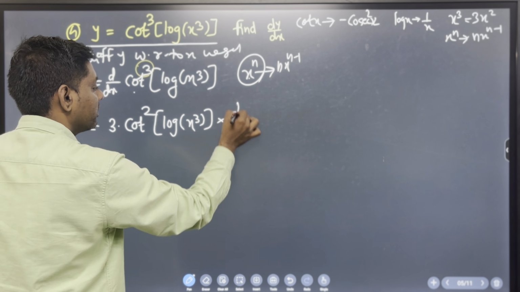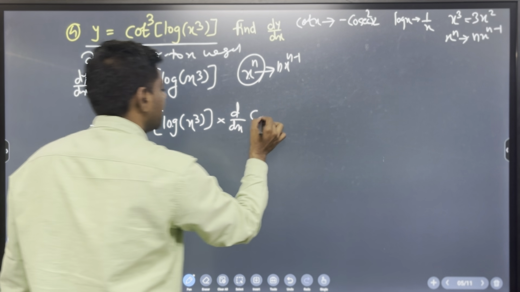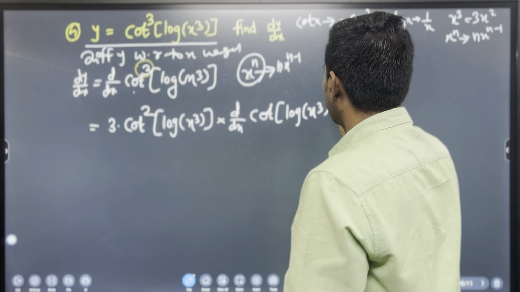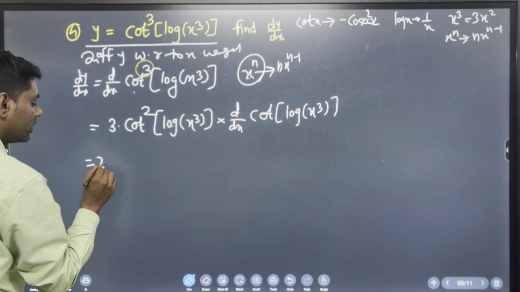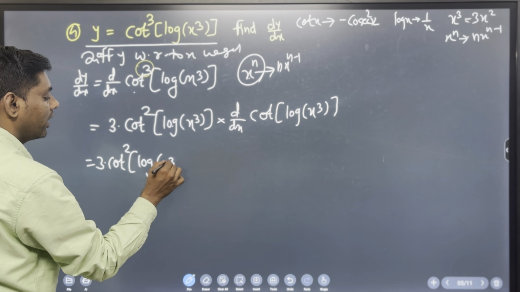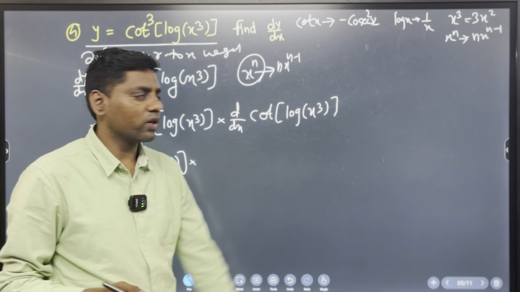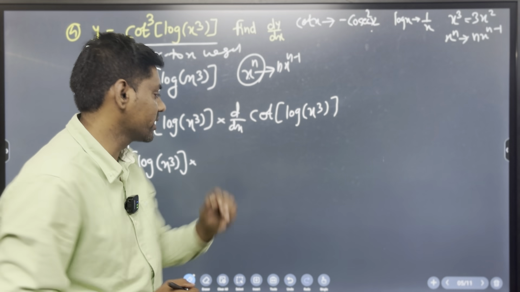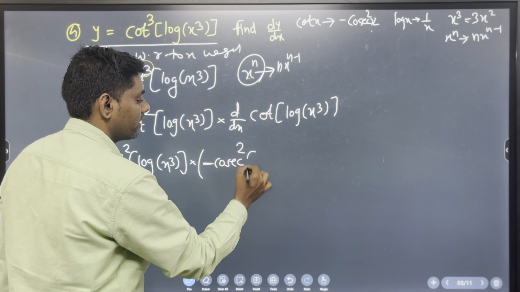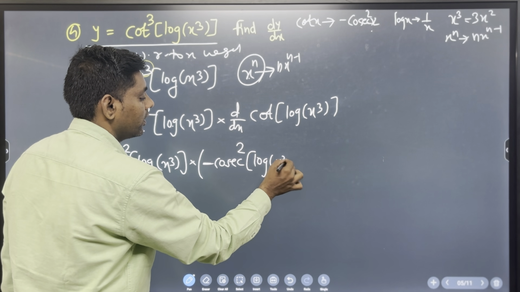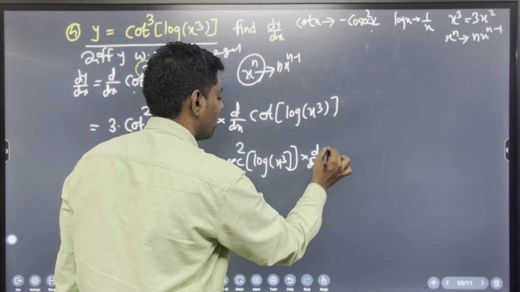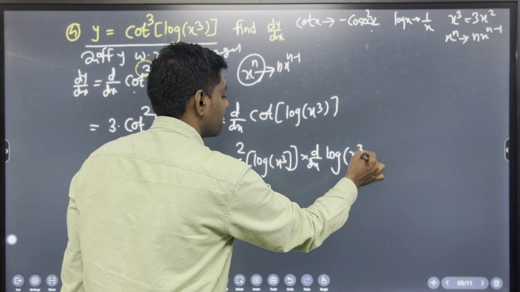Again we take the derivative of the remaining function completely, that is cot into bracket log x cube, bracket complete. So next, 3 into cot square log of x cube, bracket complete, into the derivative of cot x. We already wrote the derivative of cot, that is minus cosec square x. So now here minus cosec square log of x cube, bracket complete, and again what is the derivative of log? That is d by dx of log of x cube.